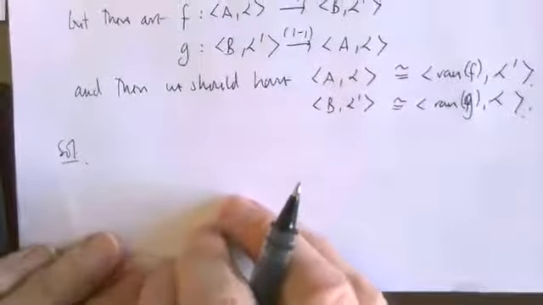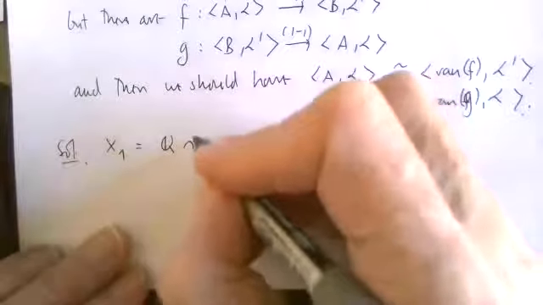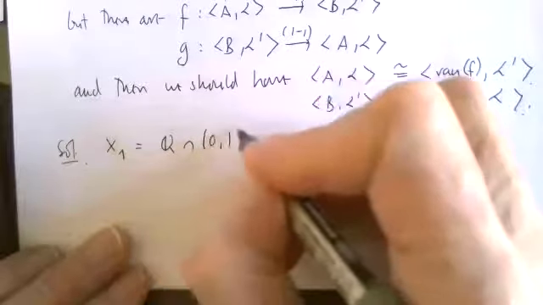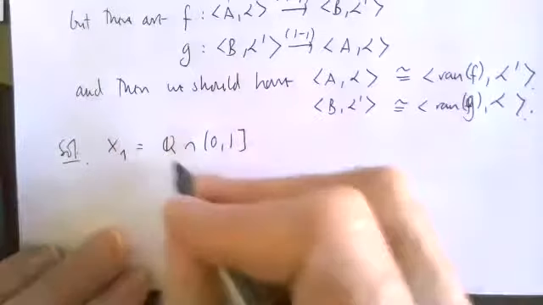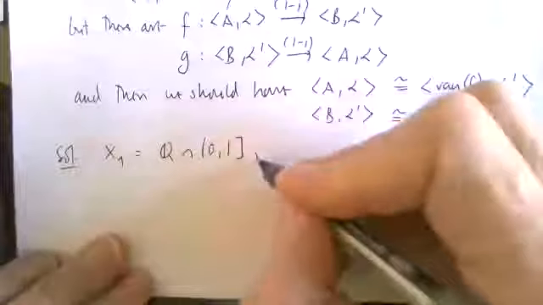So the one I've suggested in this answer sheet is, for A, I will take the rationals in (0,1), with the usual ordering.